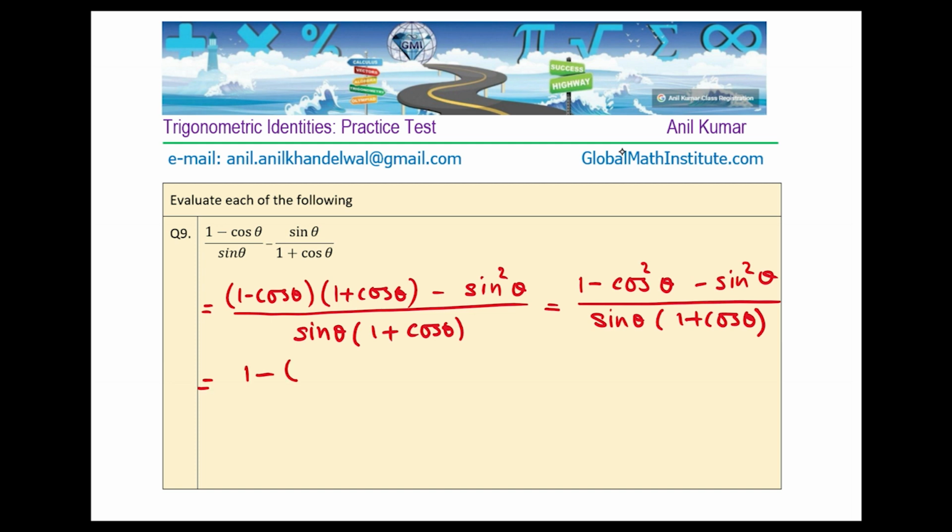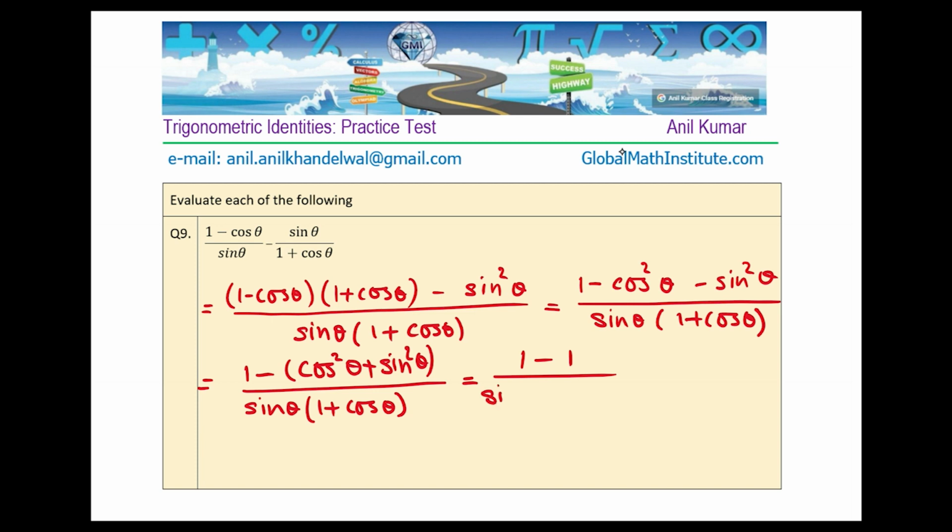We get 1 minus cos square theta plus sin square theta, and the denominator being sin theta times 1 plus cos theta. Now sin square theta plus cos square theta is 1, and so in the numerator we have 1 minus 1 over sin theta times 1 plus cos theta. 1 minus 1 is 0, and therefore the value of this expression is 0.